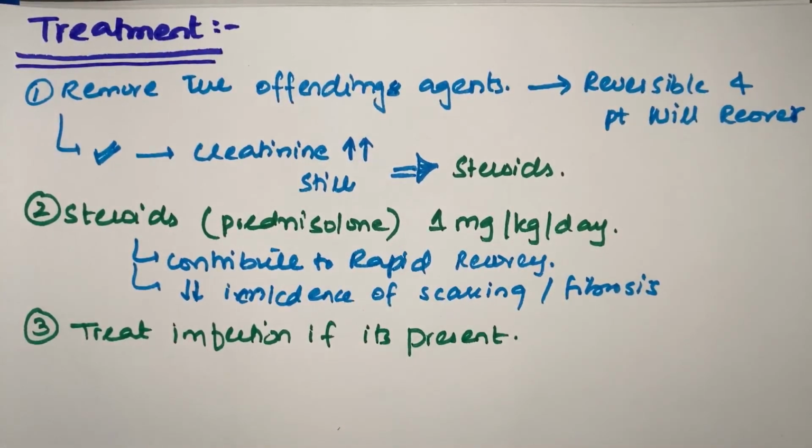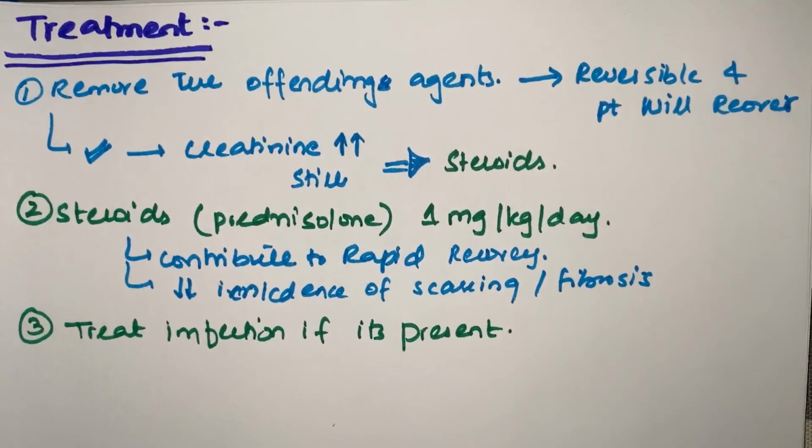But if we have removed it and creatinine levels are still elevated, then we'll go for steroids. We use prednisolone 1 milligram per kg body weight per day, and it will cause rapid recovery and decrease the incidence of scarring and fibrosis. And last, we will treat the infection if it's present in the patient. This is all about the management of acute interstitial nephritis.